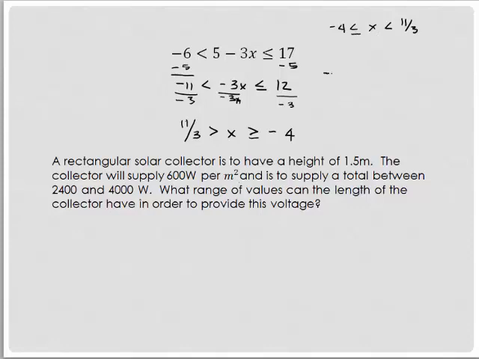Let's see what the graph looks like. Here's -4. Here's 0. Here's 11/3. You see why I changed it around now? It's a little bit easier to work with.